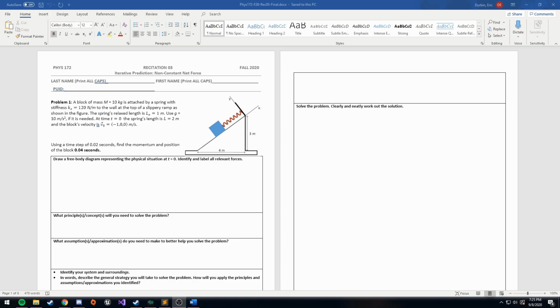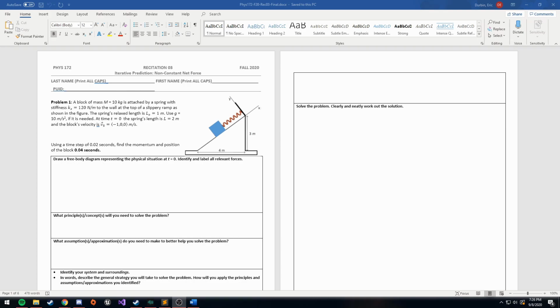Okay, just to make sure I have everything right, you have F gravity pointing straight down, and then you have F normal pointing up in the positive y direction, and then you have F spring pointing in the positive x direction.